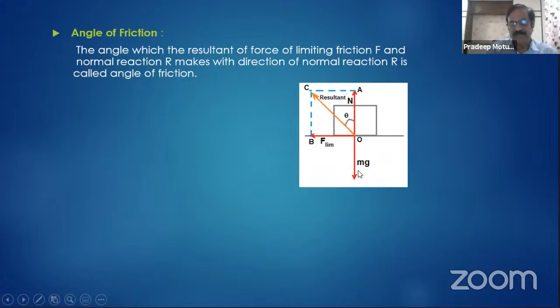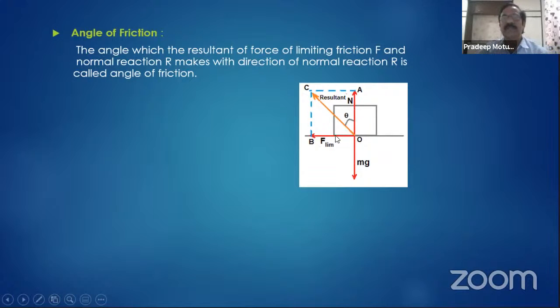It is downwards. At the same time, there is a force exerted perpendicular to the surface from the surface of the table. That force is called normal force, denoted by the letter N. So this is N, and of course this is the opposite force, friction force.